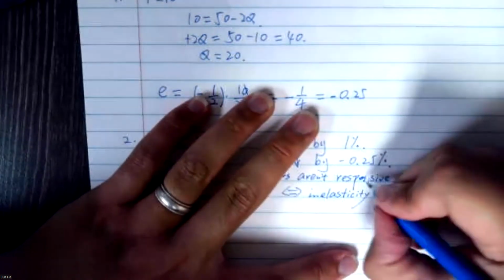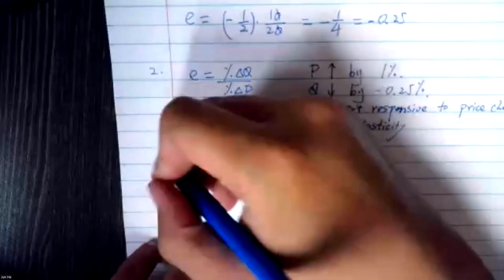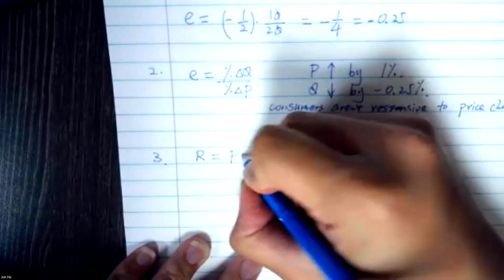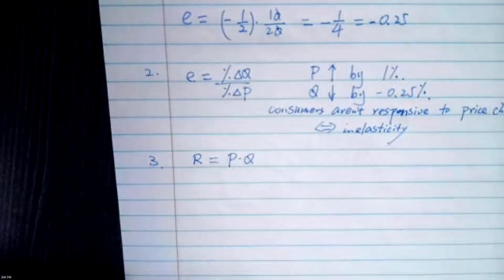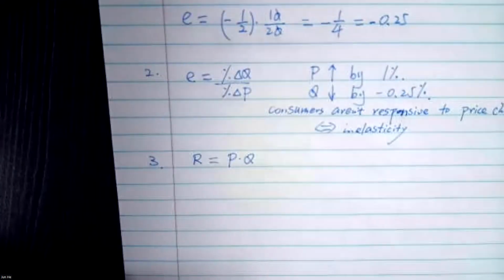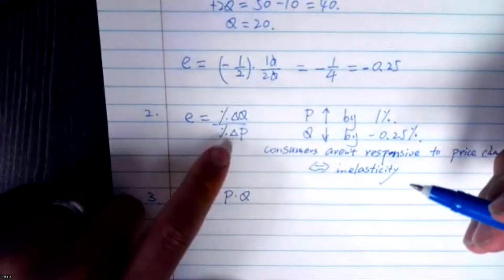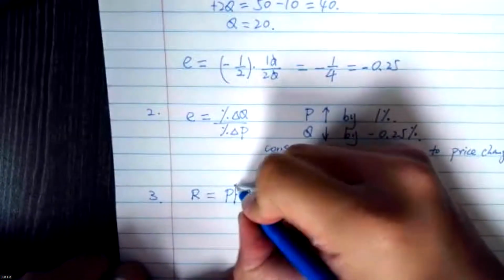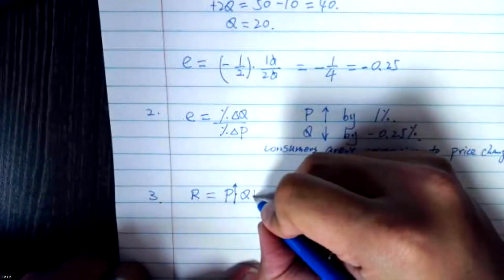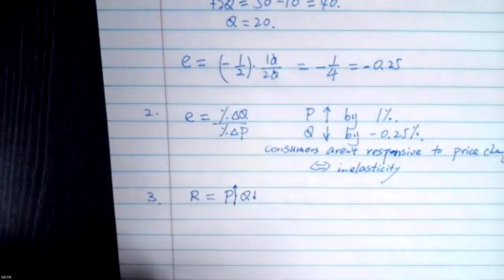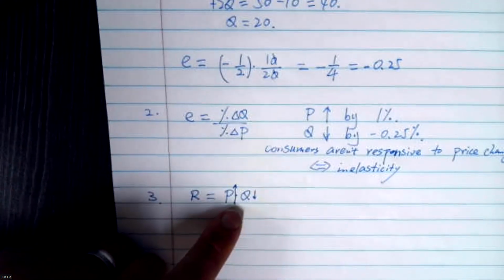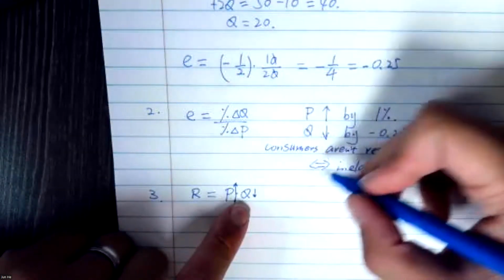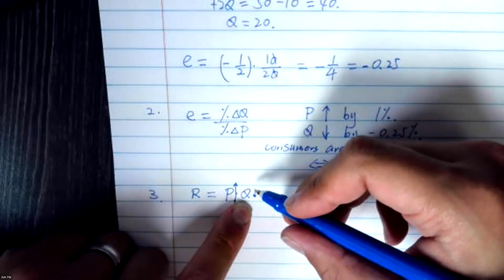So that's question 2. And in question 3, what should this firm do to increase revenue? Revenue is the product of price and quantity. In 2, we've already found that when P increases a lot, Q only responds a little by decreasing, right? So you raise price, and the consequence is quantity will only drop very little.